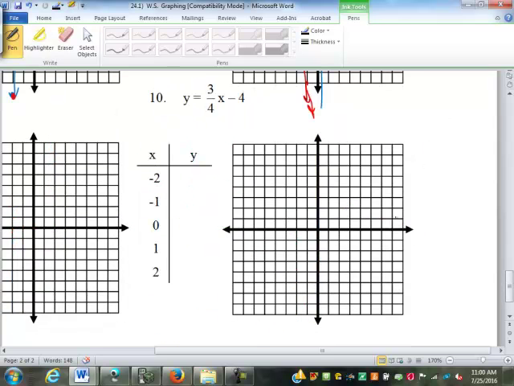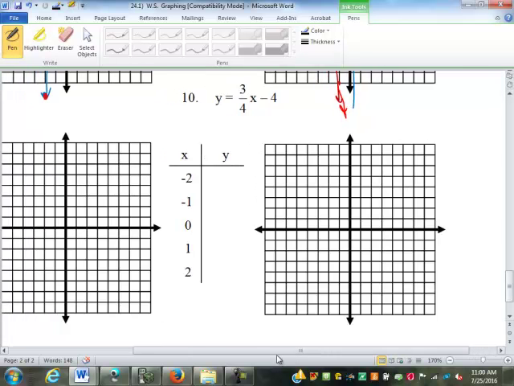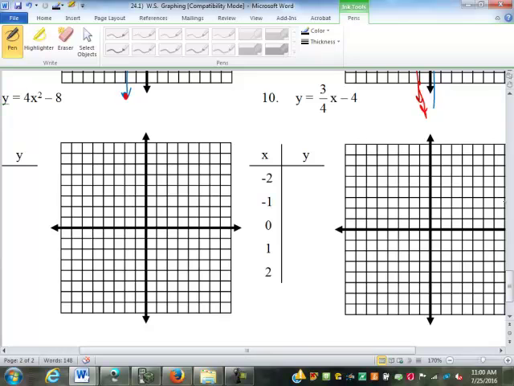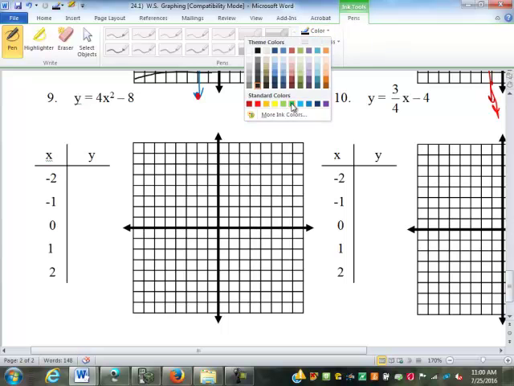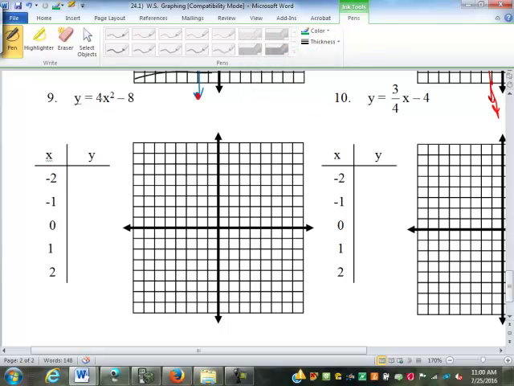Okay, these last two down here, I'm just going to do them really quick for you, just so you have them down. So y equals 4 times x squared minus 8.